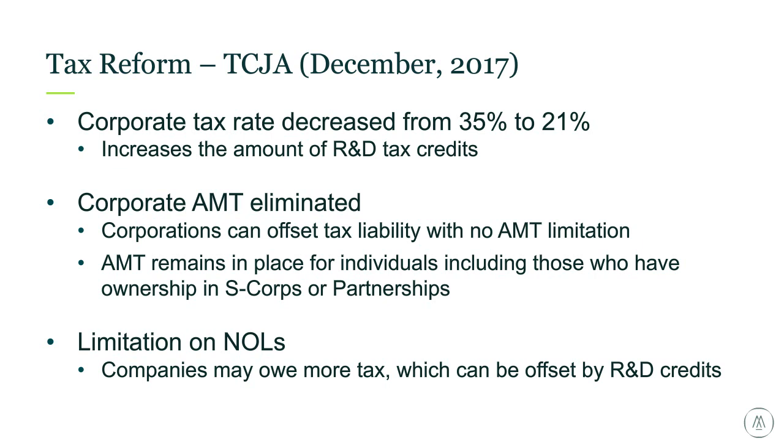However, the AMT limitation for R&D still applies to individuals. But the good news is that there may be an increased R&D credit usability from higher AMT exemptions for individual taxpayers, allowing them to use more of the R&D tax credit.